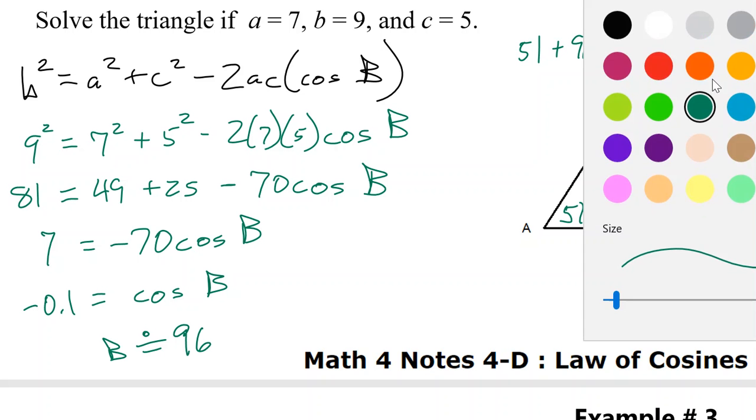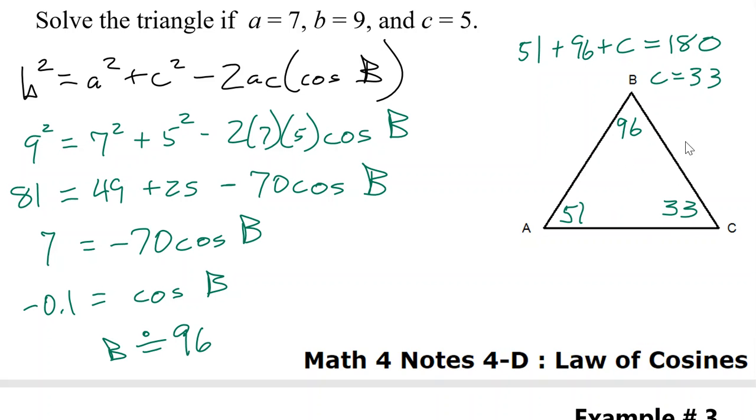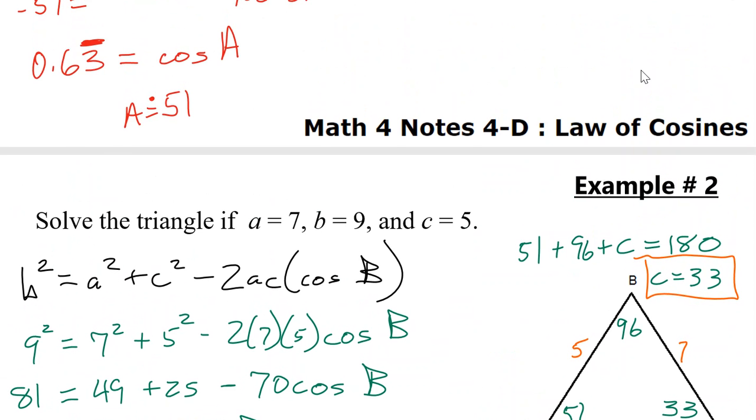Now, when I put in the other three sides around, little a is 7, little b is 9, little c is 5, does this actually work? 33 is the smallest angle across from the smallest side, check. 96 is the biggest angle across from the biggest side, check. So we're good. There's B, there's C, and then up here, there was A.